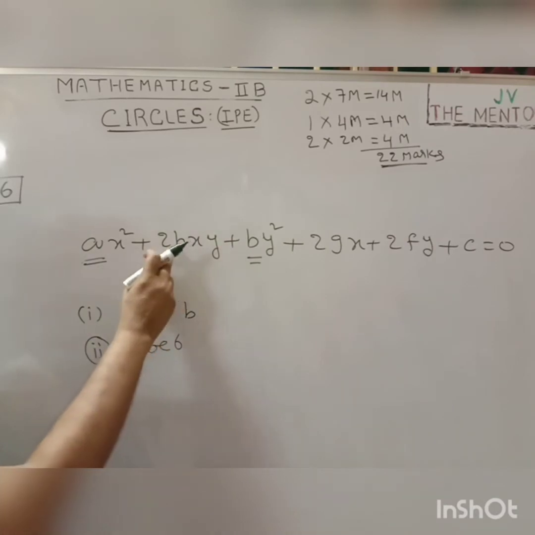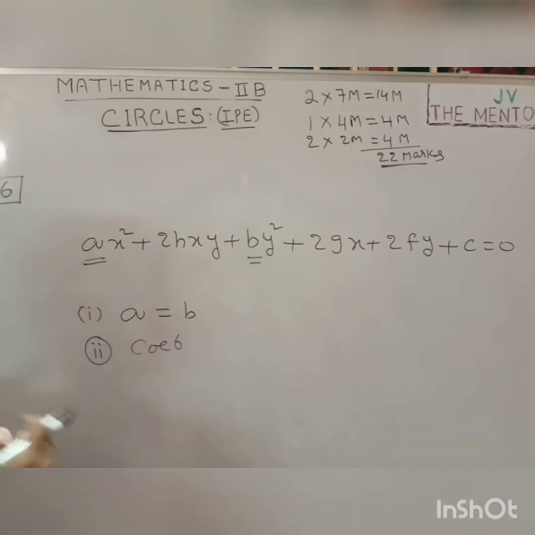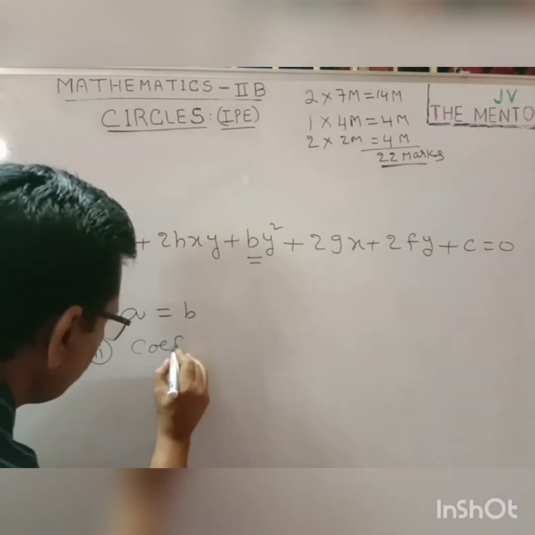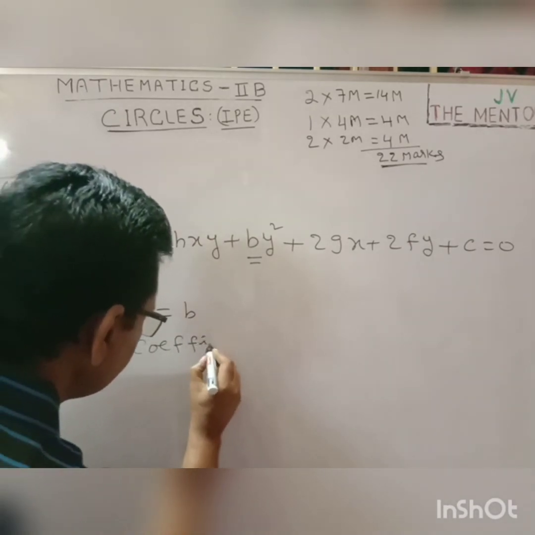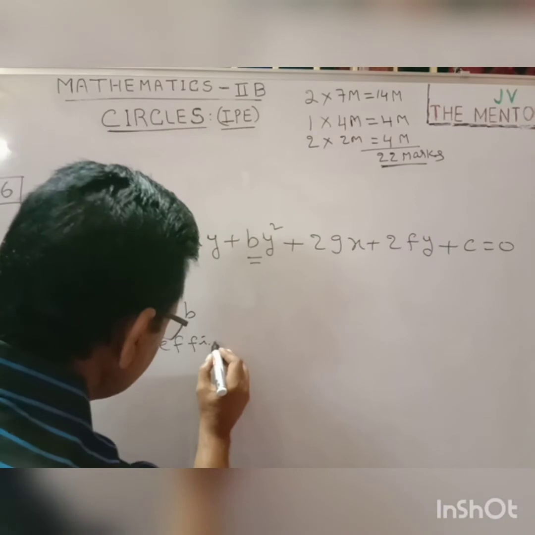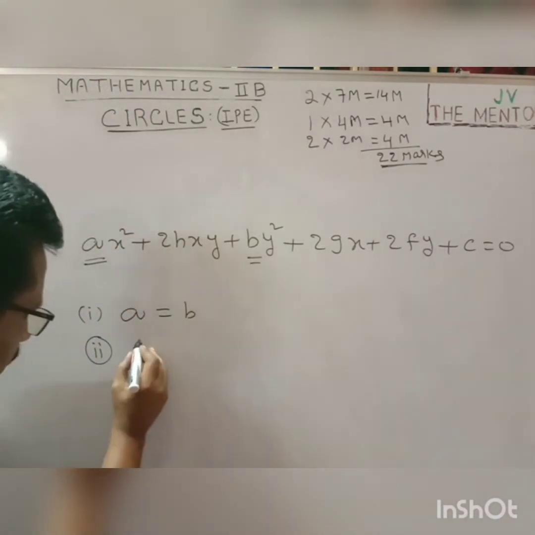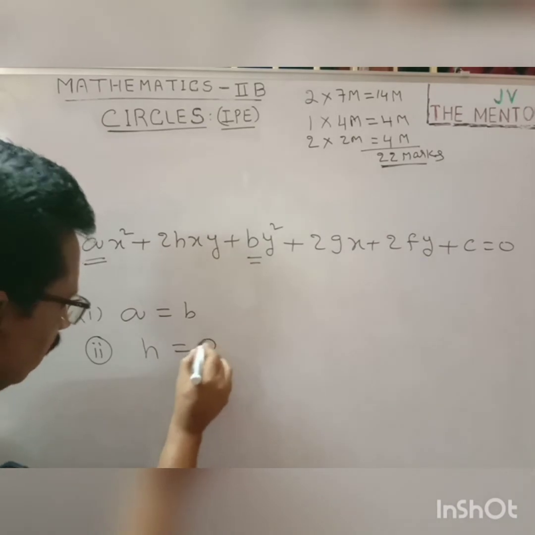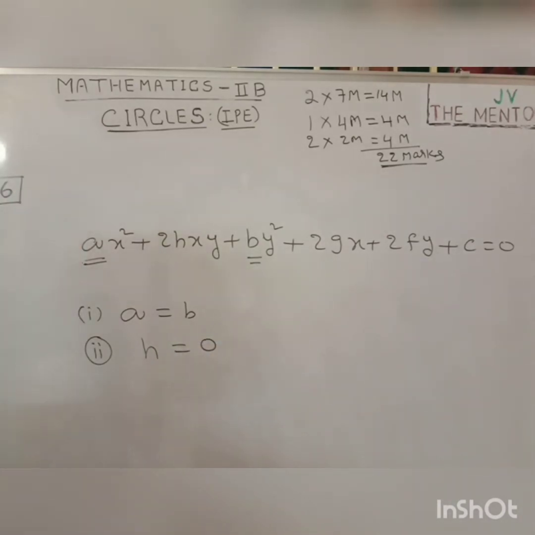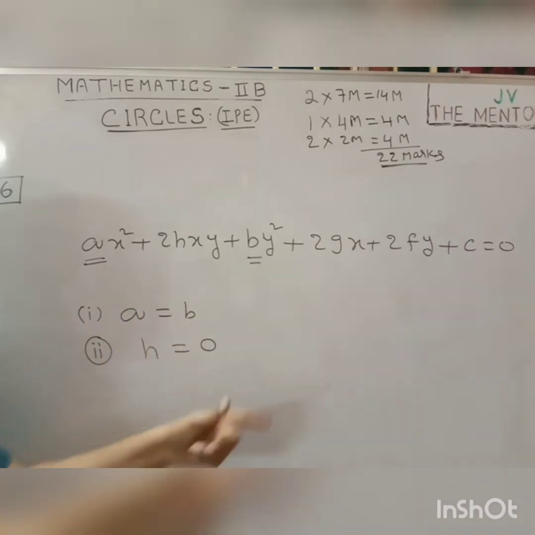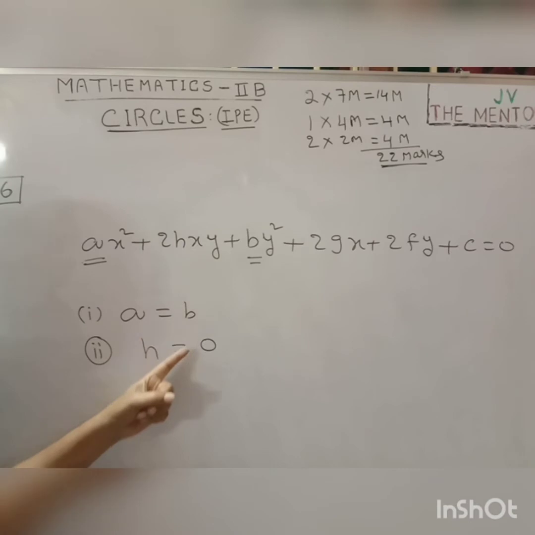The coefficient of xy here is h, so h equal to 0. This non-homogeneous equation represents a circle if a equal to b and h equal to 0.